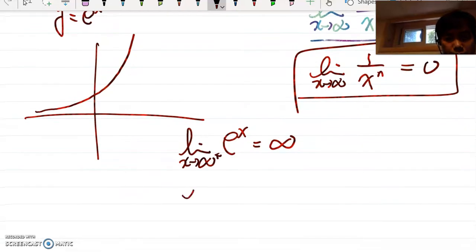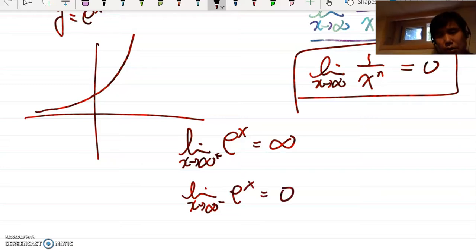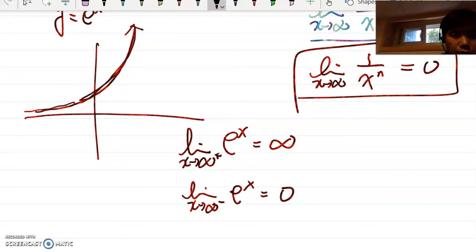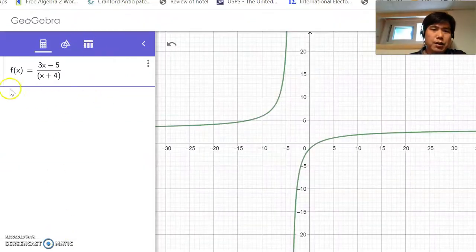But if you make x go to the negative side, e to the x becomes 0. You know what I'm talking about, right? Because the positive side goes up forever like this, but the negative side gets close to 0. Okay, makes sense?